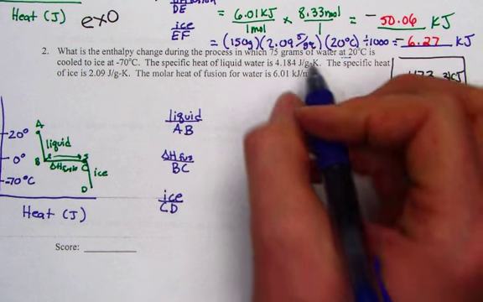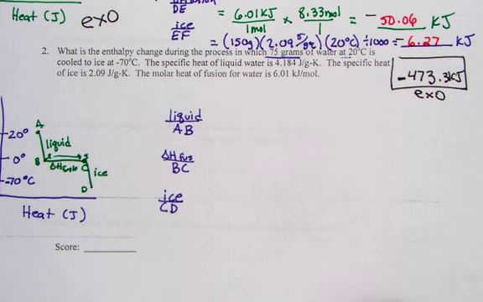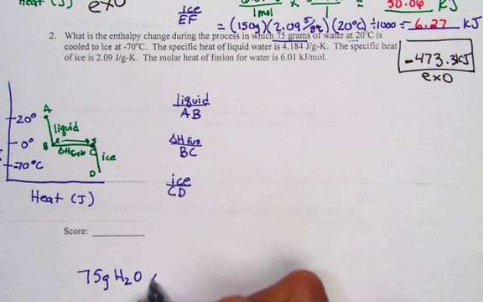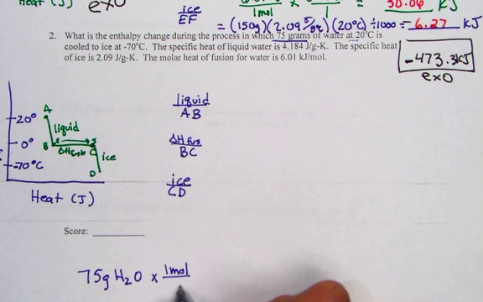Also, going back and rereading, I need to know the amount of water we're working our problem for. I notice it gives me 75 grams of water. I also want to know the equivalent amount, but in a mole unit. I need to know both numbers to correctly match the units for each line segment. So I like to have both numbers ready.